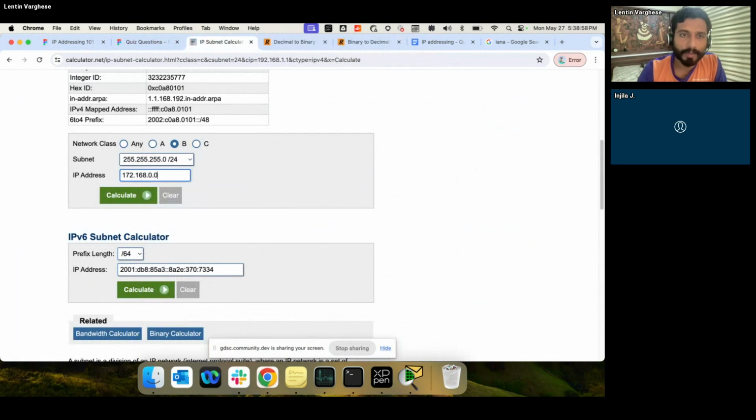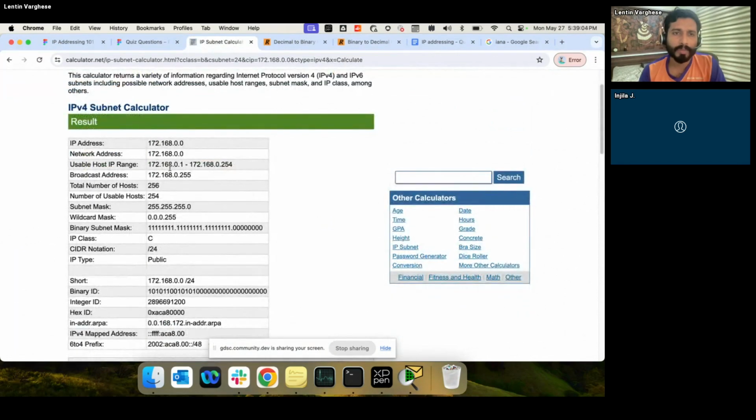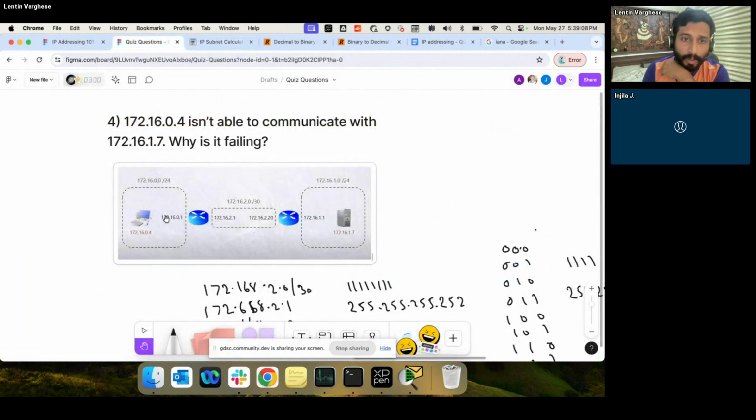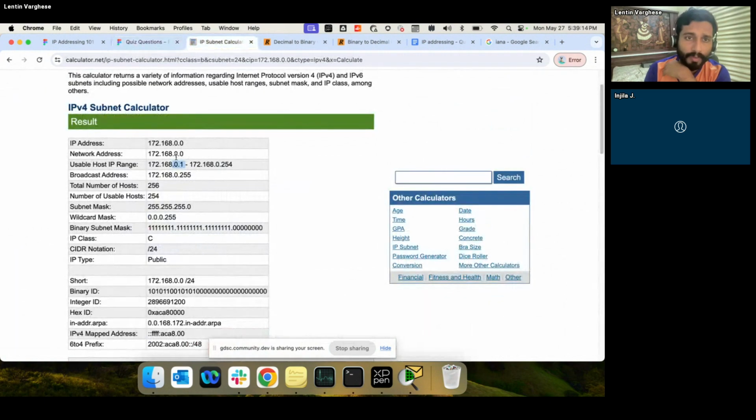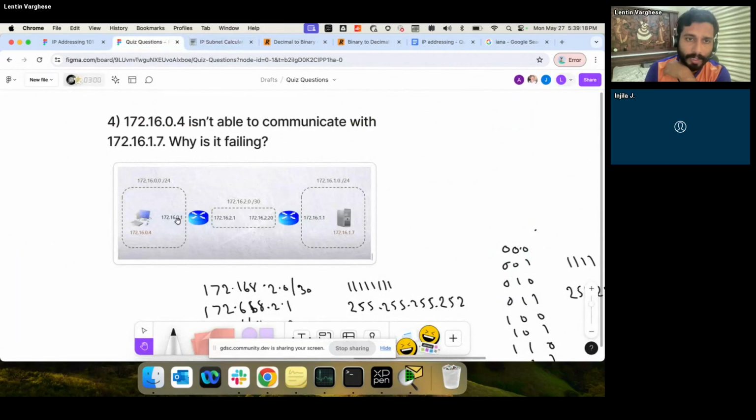Sorry, yeah, 0.0/24. The usable IP address range is 0.1 to 0.254. So this device's IP address is 0.1, and this one is 0.4. Both are part of this block and these two can communicate with each other.